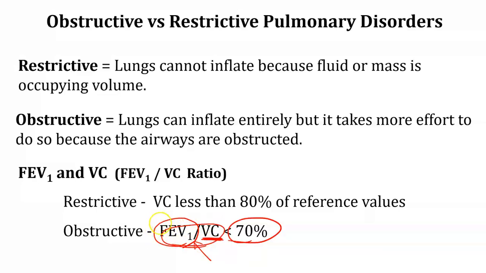And you might think about in a restrictive disease, you would probably actually expect that the FEV1 would be mostly normal. You would still be able to get out the same amount of air in a second compared to a normal state, but because the vital capacity is less, you're dividing that same number by a lesser number, so that would actually make this ratio increase.